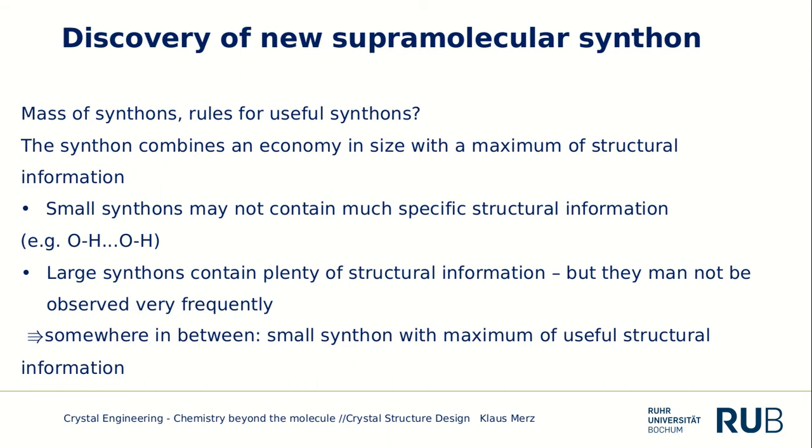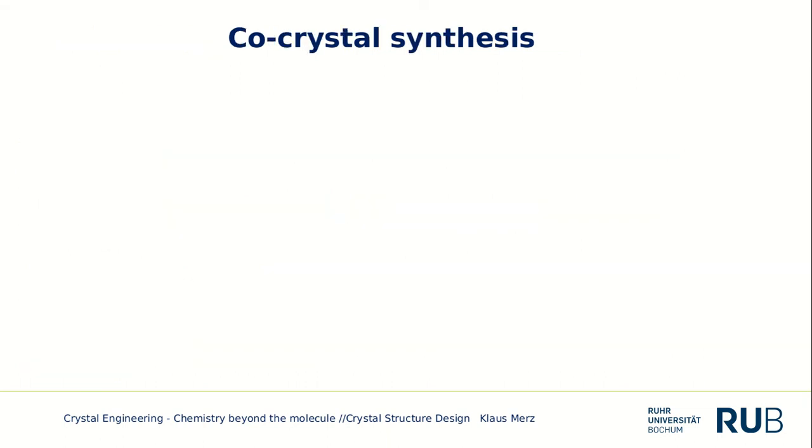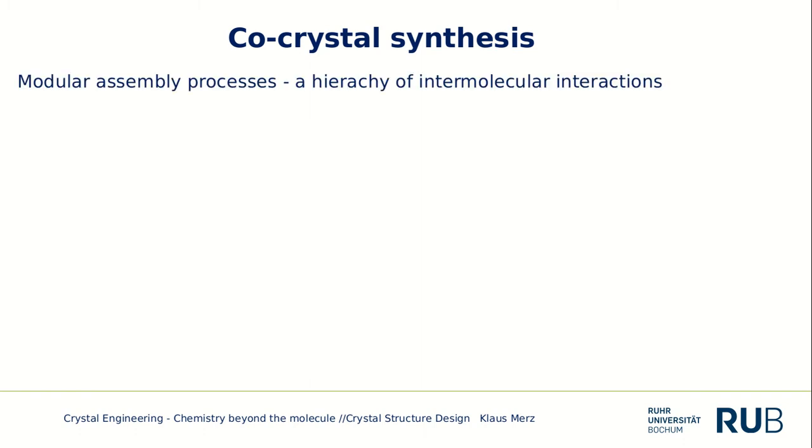Okay. With all this information in mind, we will think about co-crystal synthesis. How can we use it? We have heard so many things. You got a lot of information on intermolecular interactions. We have seen strong hydrogen bonds, weak hydrogen bonds, strong halogen bonding, weak halogen bonding, and so on.